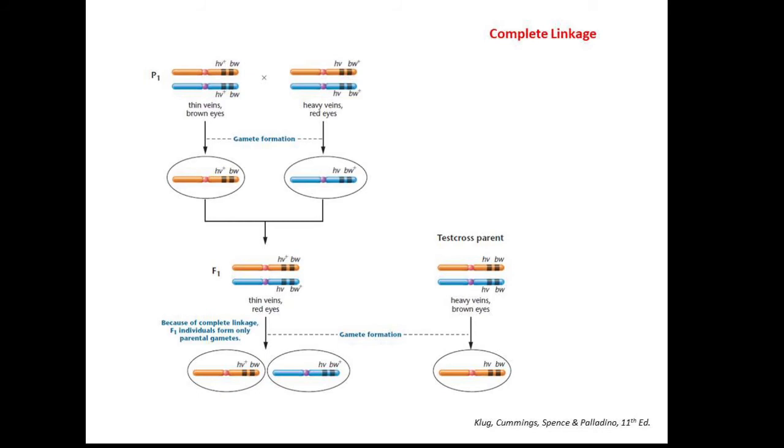Now in the F1 generation, when two gametes meet, you can see a thin vein, red eye individual. This F1 individual cannot be traced back to the parental type, because the parental types are different.